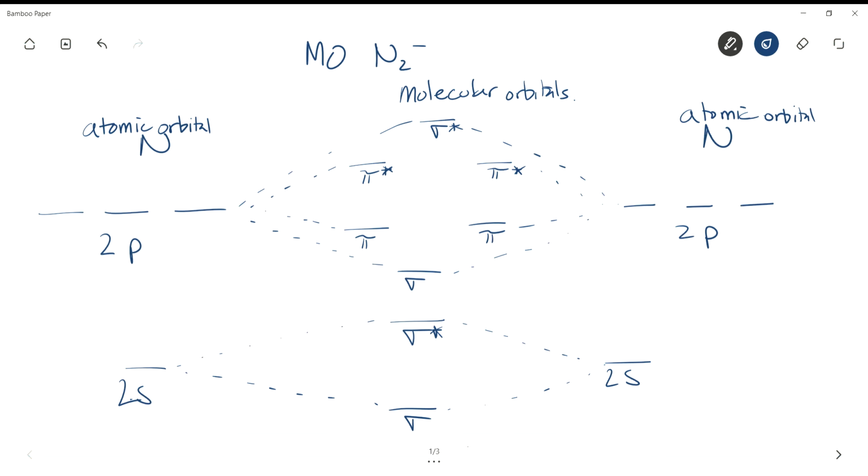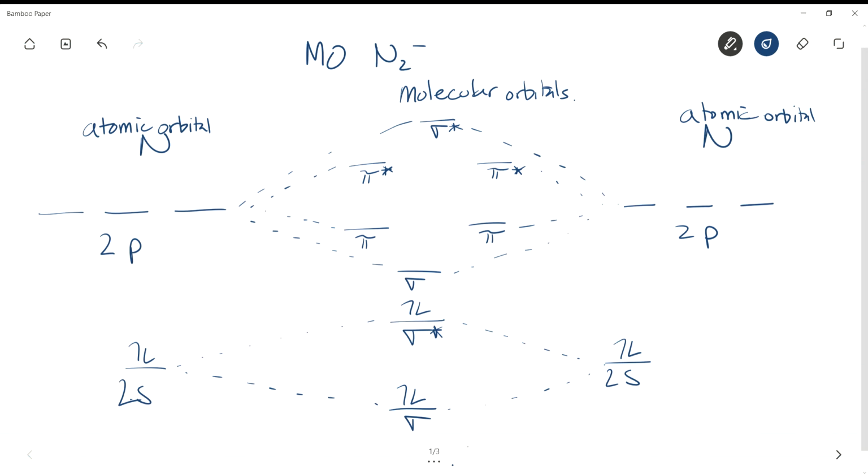electrons. So the number of electrons in your atomic orbitals should be the same as the number of electrons in your molecular orbitals. When thinking about nitrogen, we know that it has 2 electrons in the s orbital, and so both nitrogens have 2 electrons in the s orbital. So from the atomic orbitals, I'm bringing in 4 electrons, and I'm going to fill in lowest energy to highest energy, like so.